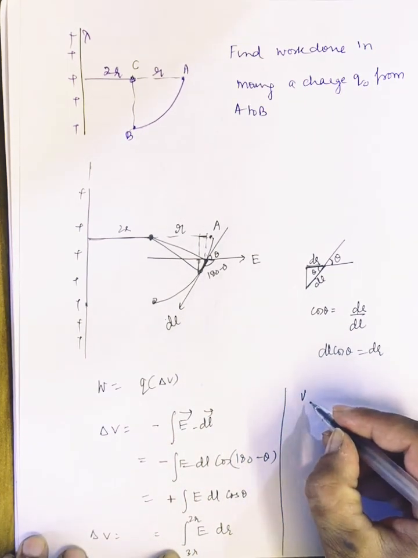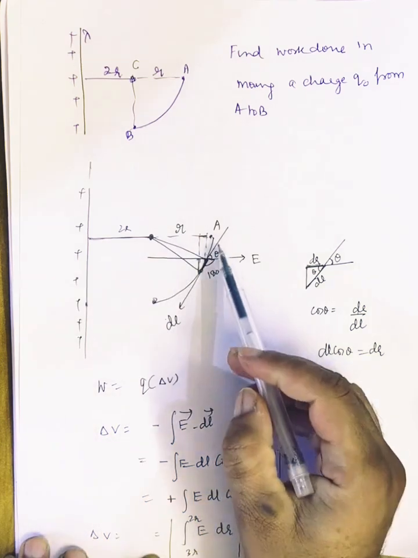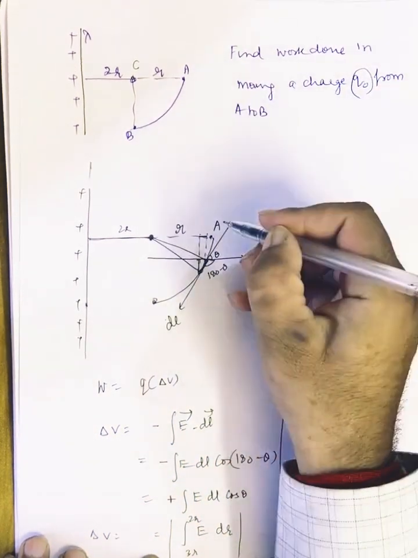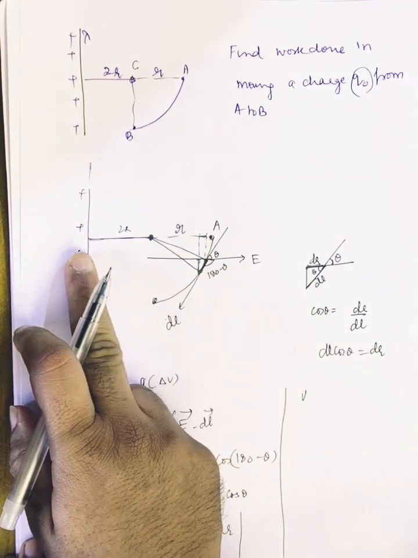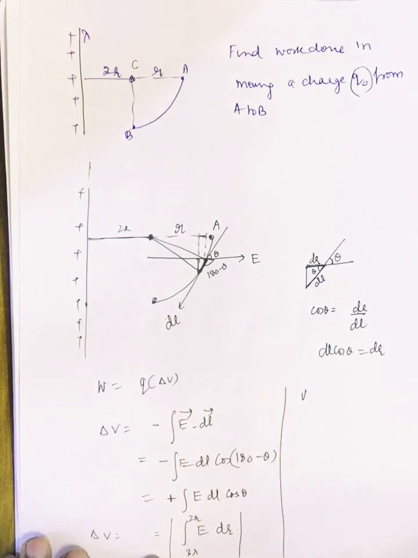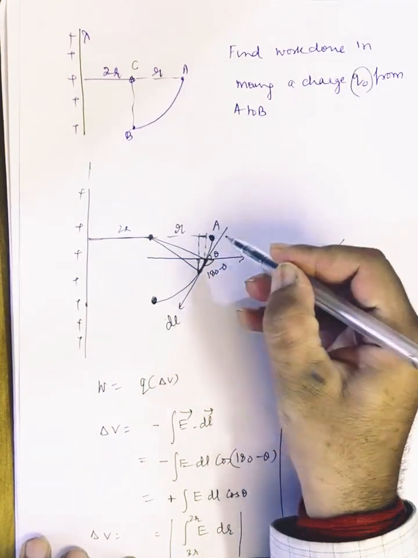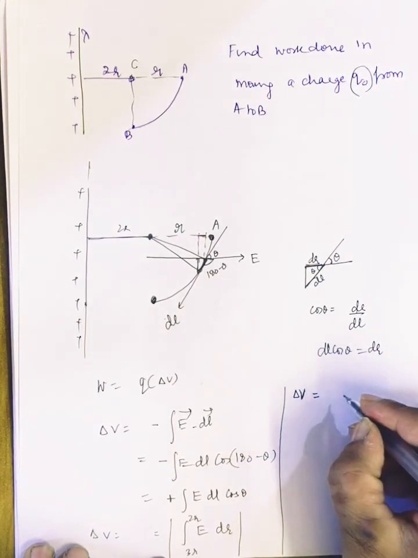Now for potential difference, I can also take a mod sign, because I already know the test charge is always positive. It's a positive charge which is taken from this point to this point. If a positive charge is taken towards the positive wire, we are increasing the potential. So here the potential will be higher and here potential will be lower. Later we can also write the signs. Anyways, we can continue for now.